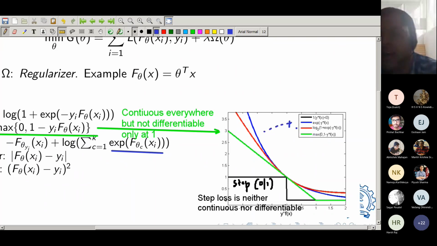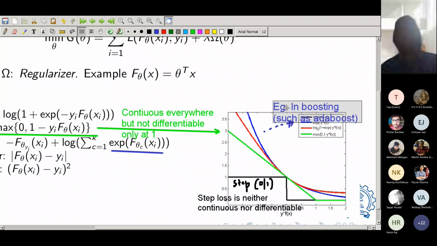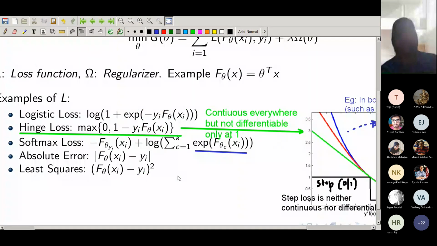If you've done AdaBoost, has anyone done AdaBoost? Boosting. Okay. So in boosting, such as AdaBoost, this loss is used. However, a related loss is what we find in the form of likelihood, in the form of cross entropy as well. They just turn out to be related transformations.